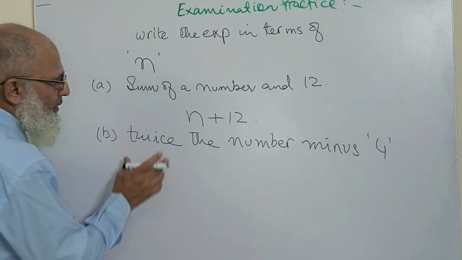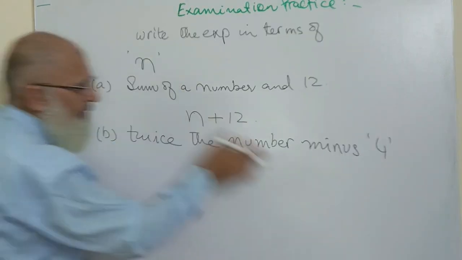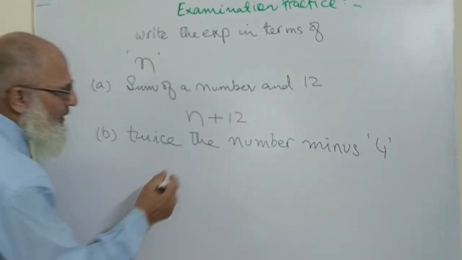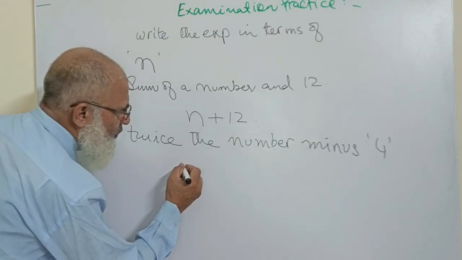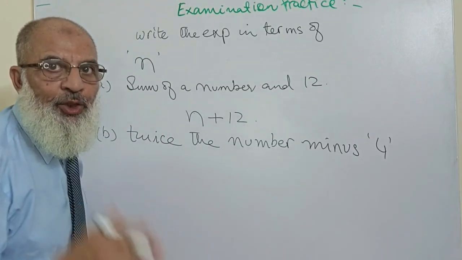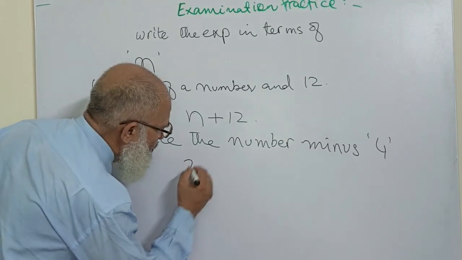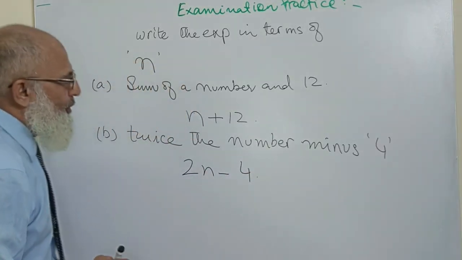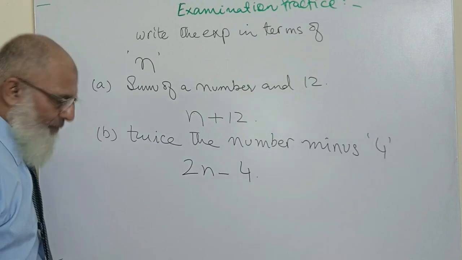Now again, the number is given, 4 is given, the operand is given, so it is very easy. Twice the number. Now what is twice the number? Since the number is n, twice must be 2n. So it is 2n minus 4.